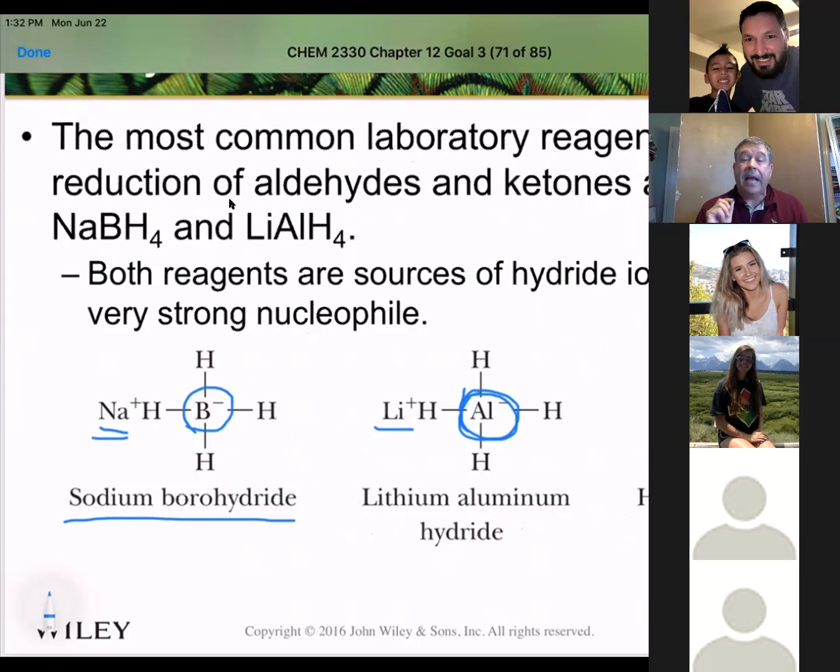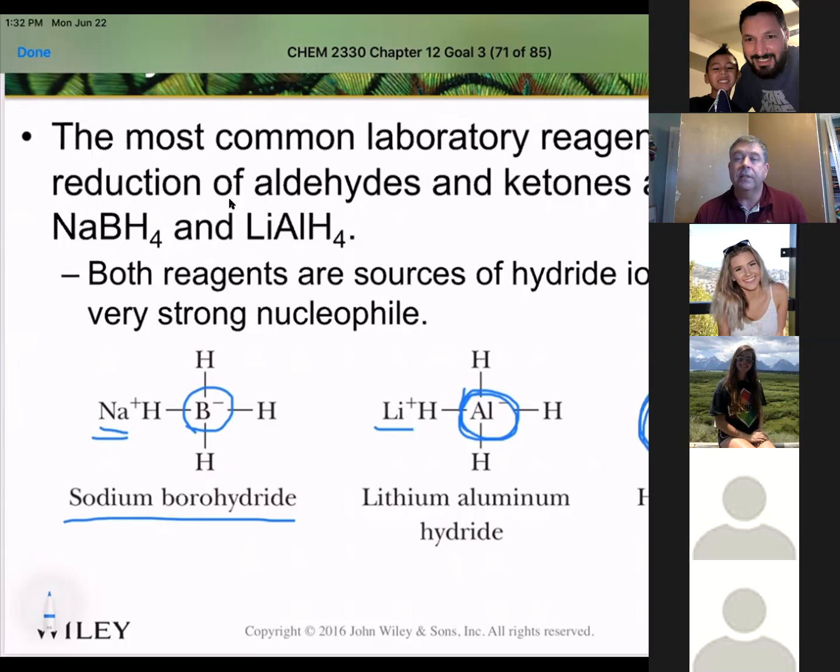Now, the reactive species in both of these is what we call the hydride ion. And it's basically you take your proton, your neutral hydrogen, and add an electron to it. That's filling its s orbital, giving you a negative charge. When we have our negative charge, it acts as a nucleophile.